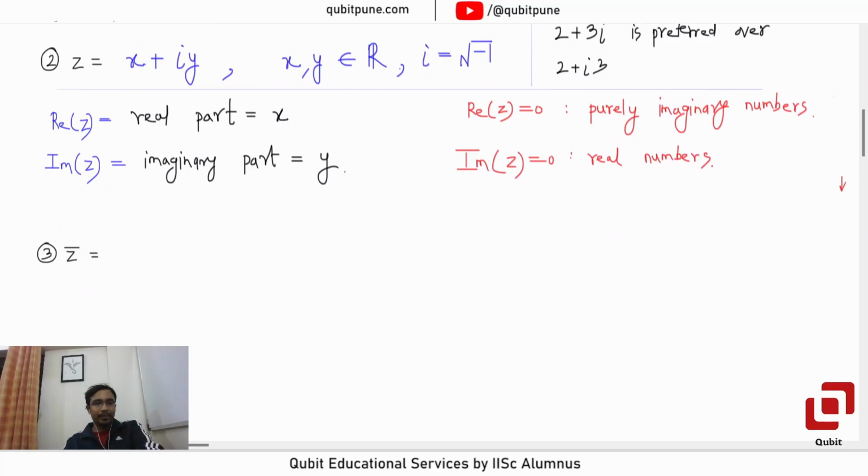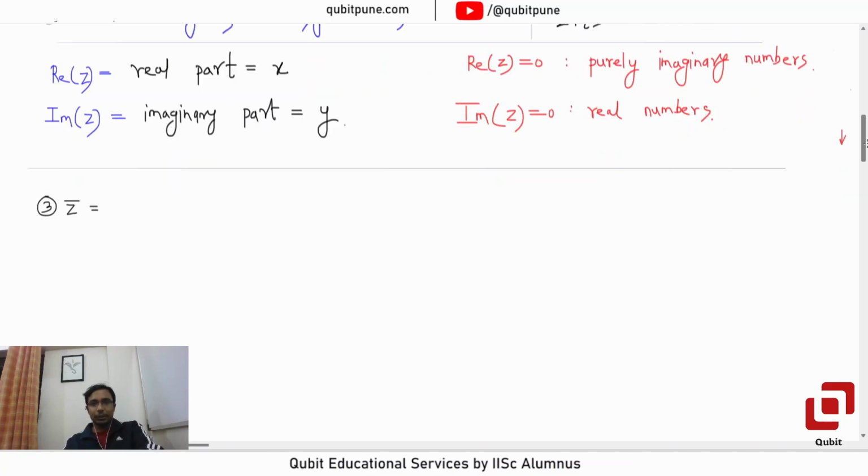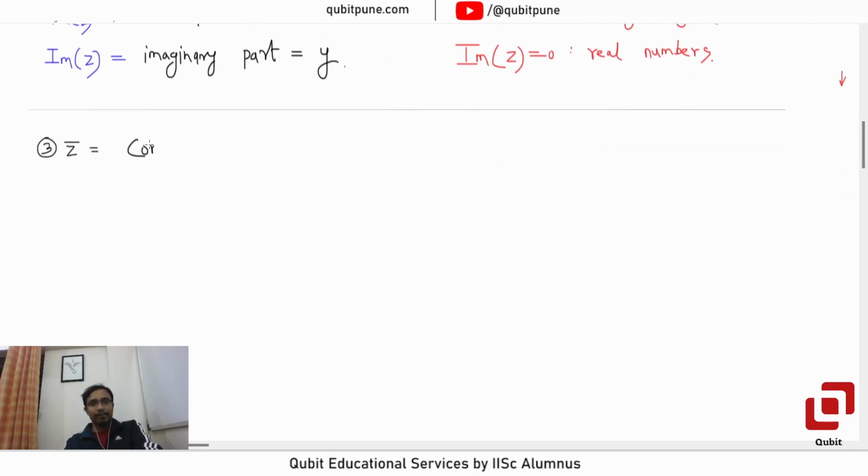Part 3. We now define a term called complex conjugate, and this term plays a very important role in division of complex numbers. How do we define it? We denote it by z bar.